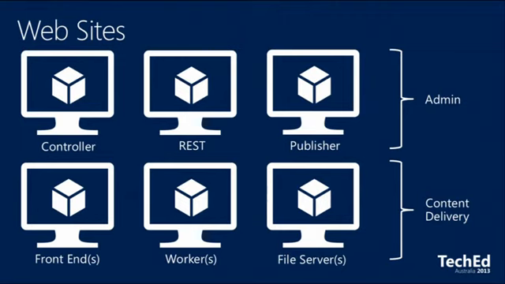And basically all incoming website requests come into the front ends, they cache the data, they fire the requests off to the appropriate worker. And the workers we've got in the back end, there's basically, you can have shared workers and reserved workers. And those shared workers, you've got multiple IIS websites running on the same workers, reserved, basically dedicated to a particular instance. And all the content itself is stored on a file server in the back end. And the workers access the content off the file server. And that's kind of the content delivery bit of it.